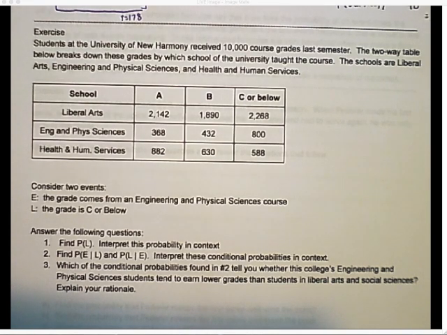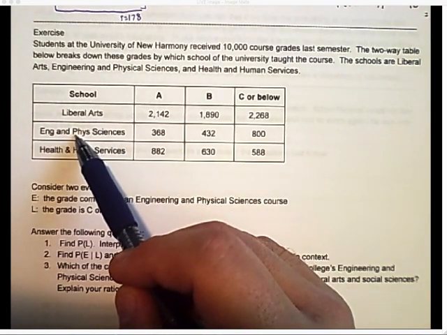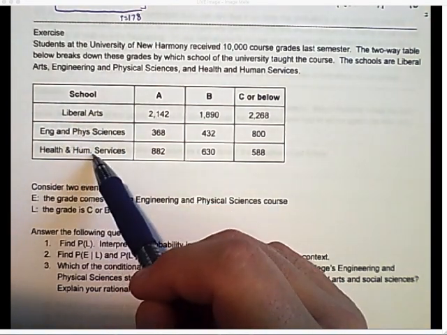So let's look at the next question. It says, students at the University of New Harmony received 10,000 course grades last semester. The two-way table below breaks down these grades by which school of the university taught the course. The schools are liberal arts, engineering and physical sciences, and health and human services.